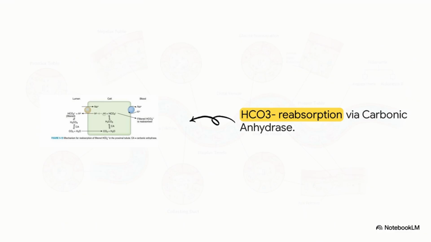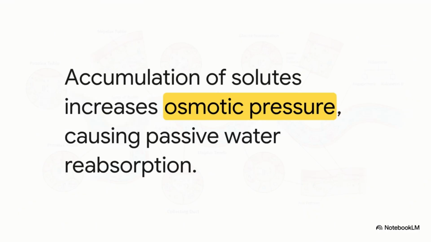That CO2 just freely diffuses back into the cell and the whole cycle starts over. The end result here is brilliant. For every hydrogen secreted, we rescue one sodium ion. And, crucially, one bicarbonate ion gets reabsorbed back into the blood, which you know is absolutely vital for maintaining systemic pH. So by the time we reach the end of this tubule, about 60 to 70% of the filtered solutes and water have been moved into the interstitial fluid.